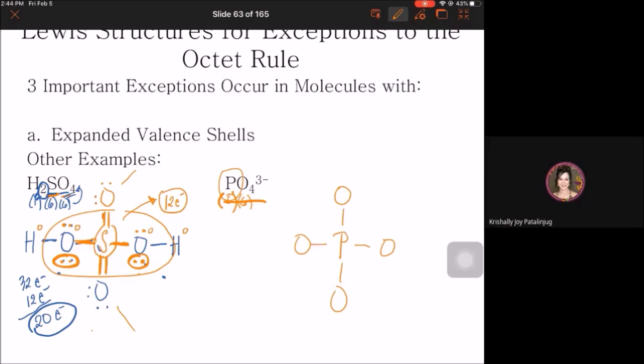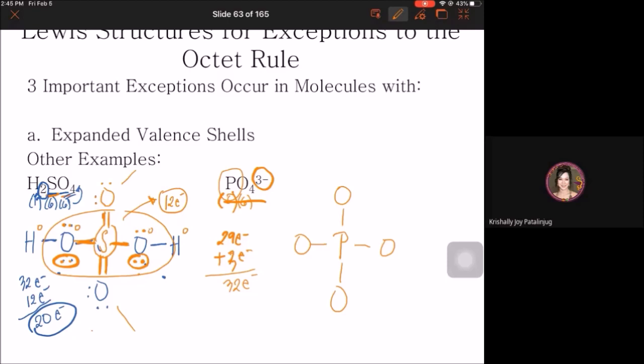So the total would be 29 electrons plus the charge of 3, so 32. So a total of 32 electrons. This is just the total valence electrons.